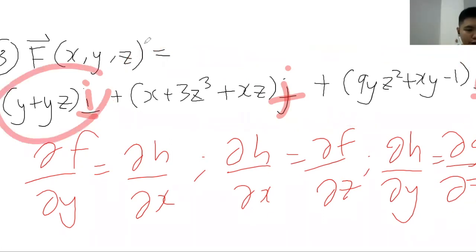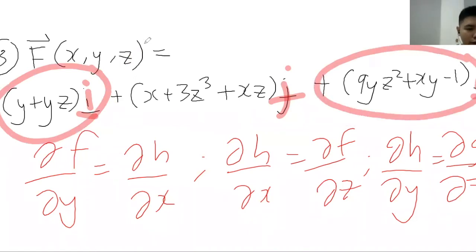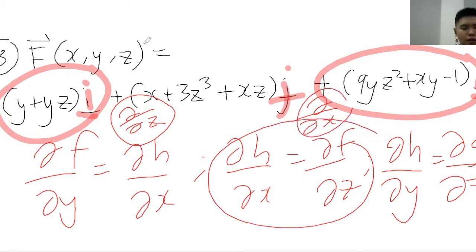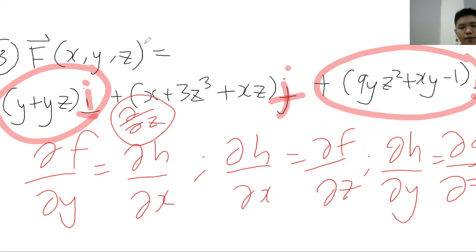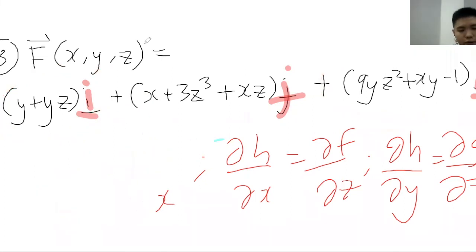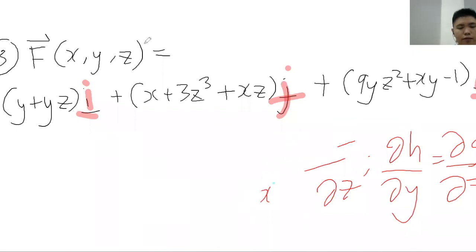Next, if we take the first and the third term, then we're going to differentiate in the opposite. X we differentiate in respect to z, and z we differentiate in respect to x, and therefore we got this term. So the concept is simple, and we don't need to memorize such a complicated thing to burden your brain.